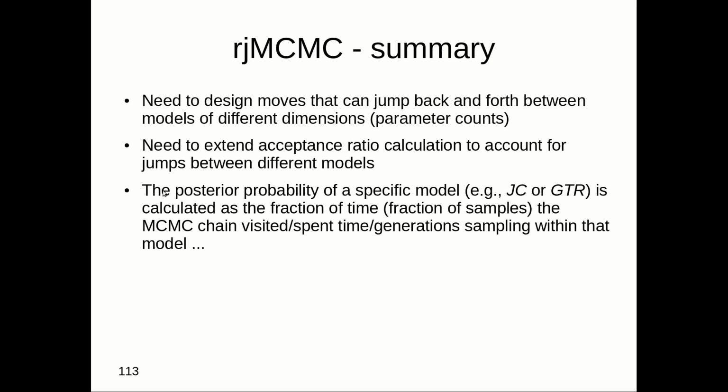The posterior probability of a specific model, for instance Jukes-Cantor versus GTR, is calculated as the fraction of samples generated that the reversible jump Markov chain spent sampling within that model. So if 90% of the time my reversible jump Markov chain Monte Carlo method samples the GTR model, then the posterior probability for the GTR model is 90%.